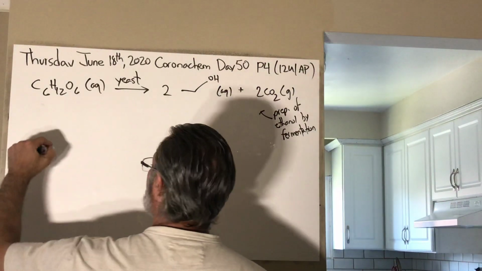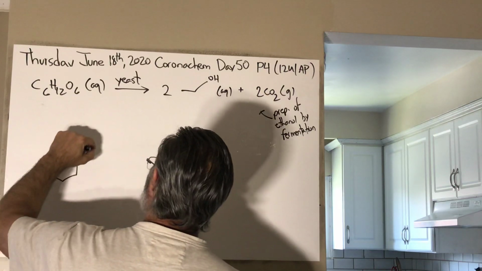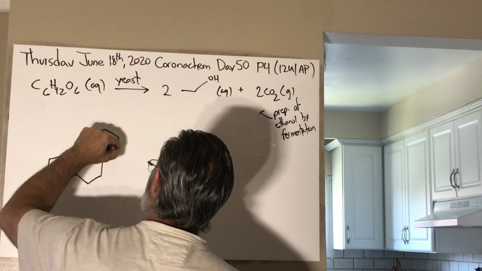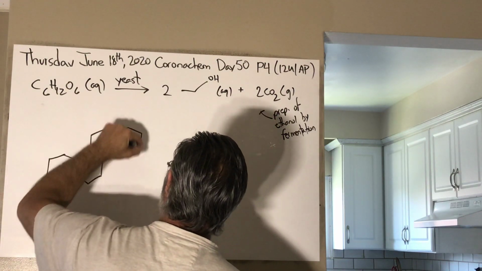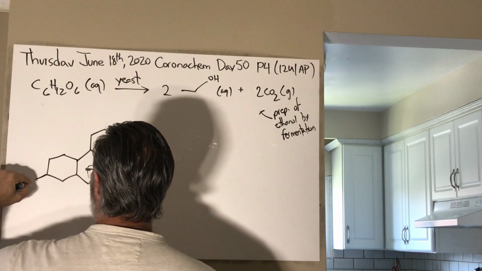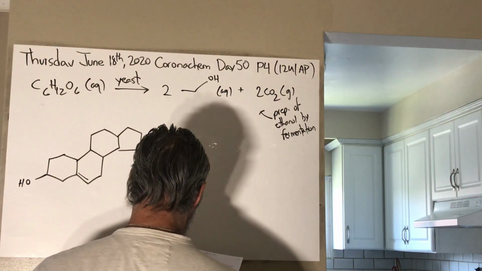Here's a popular alcohol, which you don't normally think of as being an alcohol, but it is in fact. It's called cholesterol. So it's an alcohol because it ends in "ol," but it's also a steroid. Cholesterol is the steroid your body uses to make sex hormones.